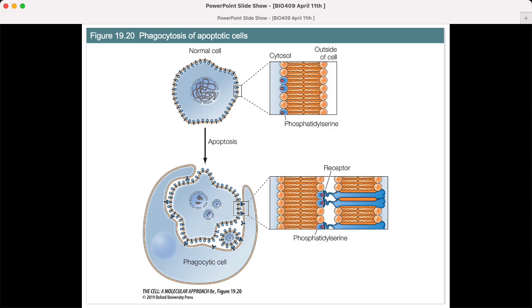So the next thing is, what do caspases do? Caspases are enzymes that catalyze a reaction, and the reaction they catalyze is cutting proteins. So they're called proteases, and proteases have proteins as their target.